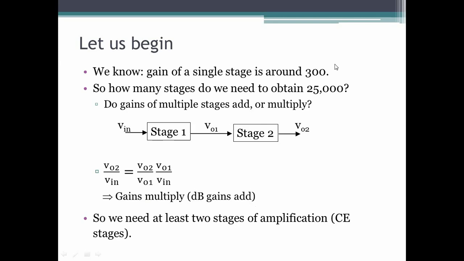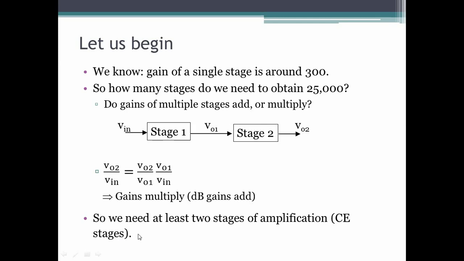So with 25,000, we need at least 2 stages of amplification. And of course, as we've seen before, amplification means a common emitter stage. So we'll be working in this design with common emitter and common collector stages.